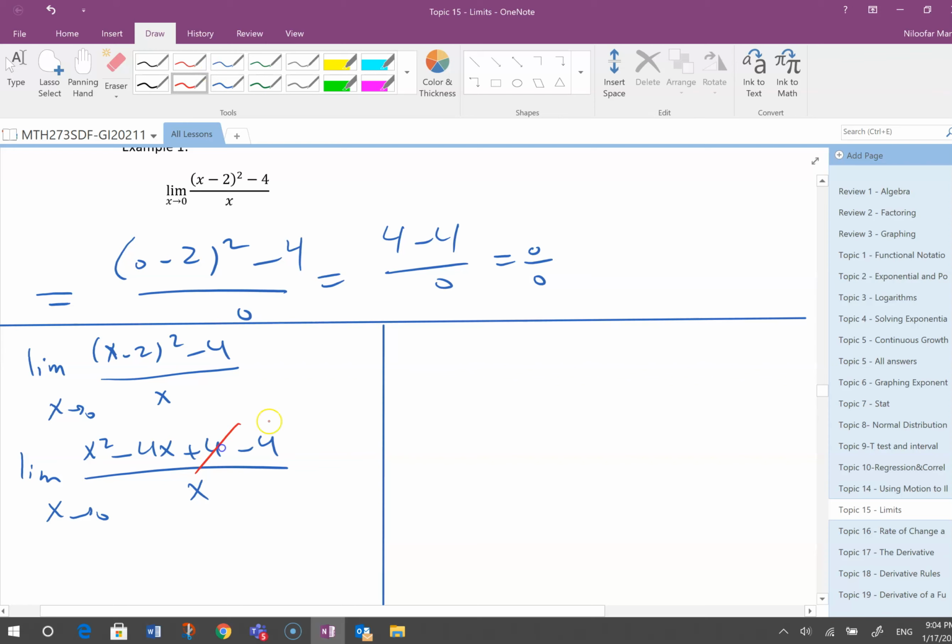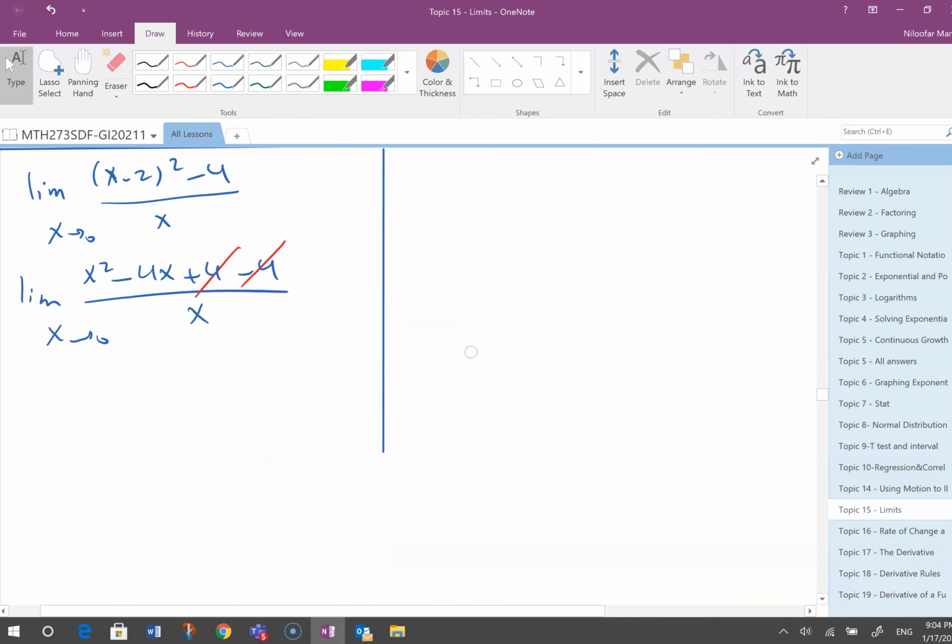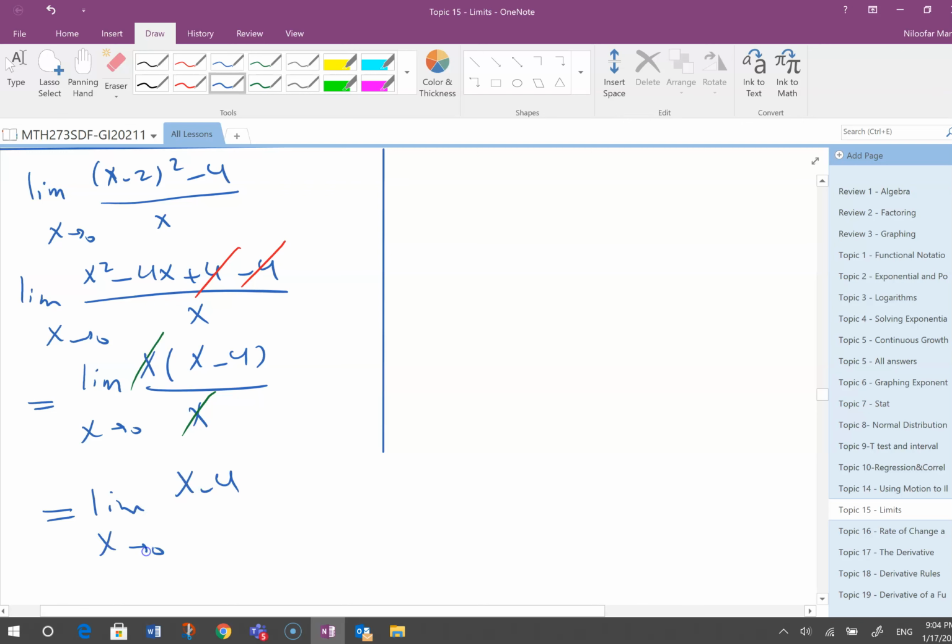Can I cancel this and this? Yes. Now if I substitute, still the problem exists, still I have 0 over 0. Oh, I can factor x. When I factor x, then I see I can cancel. Then it is limit of x minus 4, x goes to 0, which is minus 4. That's the answer.